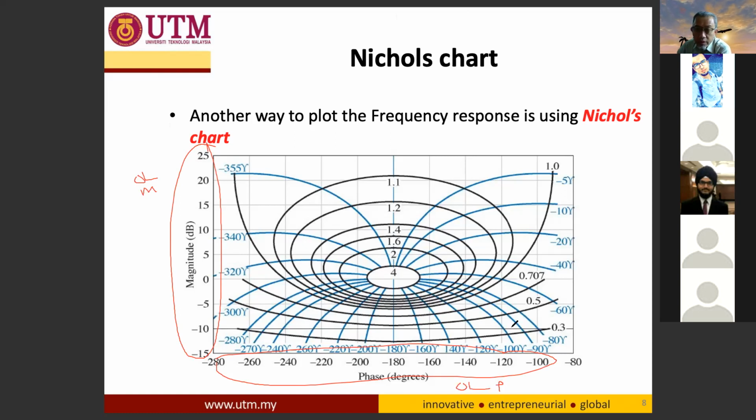Inside the chart there is also the magnitude and the phase, which is here: 1.1, 1.2, 1.4 decibel. This is known as the closed loop magnitude, and the blue line is the closed loop phase.